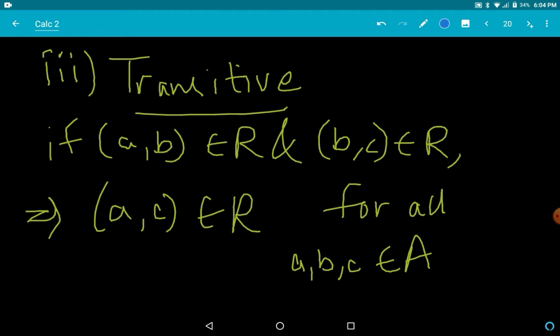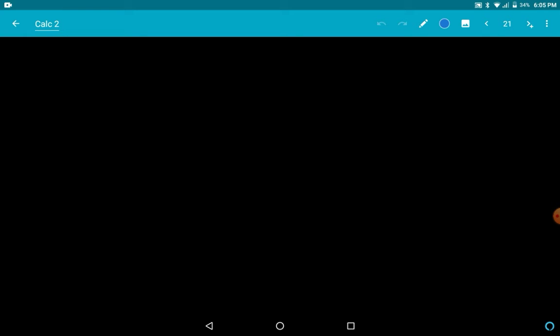Transitive is what? If I find (a, b), (b, c) in R, and then I find (a, c) belonging to R for all a, b, c in A, that gives us a transitive relationship. Like if (1, 2) belongs to R and (2, 4) belongs to R, so (1, 4) will also belong to R.